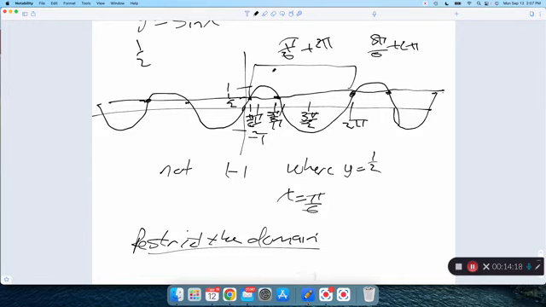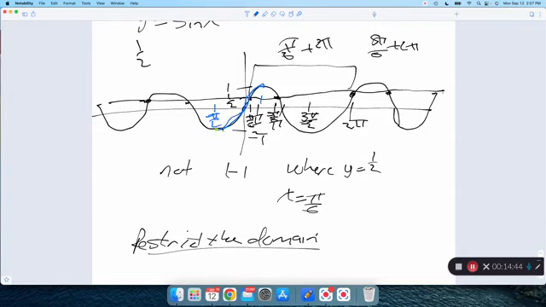And just like with x squared, we got a bunch of different choices. There are literally an infinite number of ways I could define the inverse. But the standard way, the way your calculator does it, is to take this chunk right here, from negative pi over 2 up to pi over 2. That blue chunk right there.